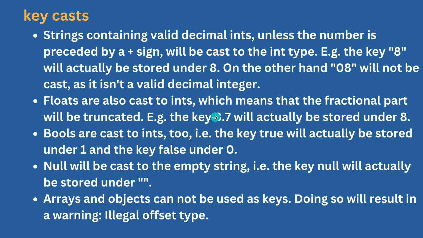If 8.7 is a float, then what will be the key? Internally stored will be 8, right? If booleans are there, true will be 1 and false will be 0. If you have written null as a key, what is stored internally in your computer? Blank. And array and object cannot be used as a key, right?